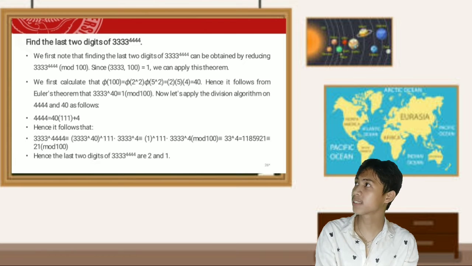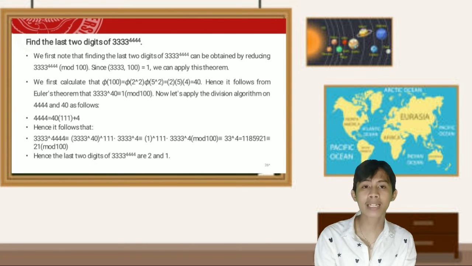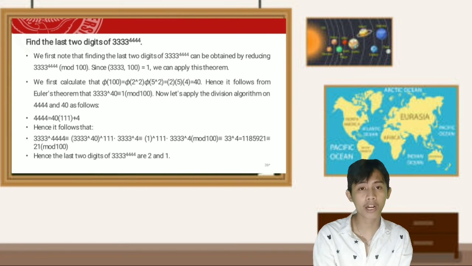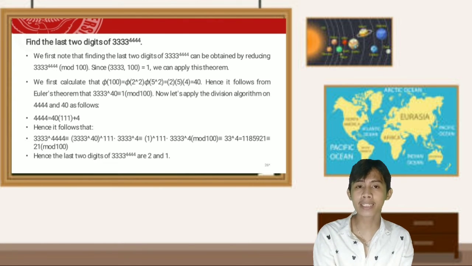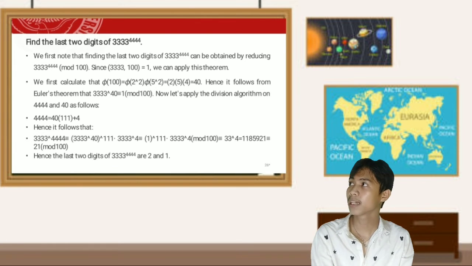We first note that finding the last two digits of 3,333 to the power of 4,444 can be obtained by reducing 3,333 to the power of 4,444 mod 100, since gcd(3,333, 100) is equal to 1.